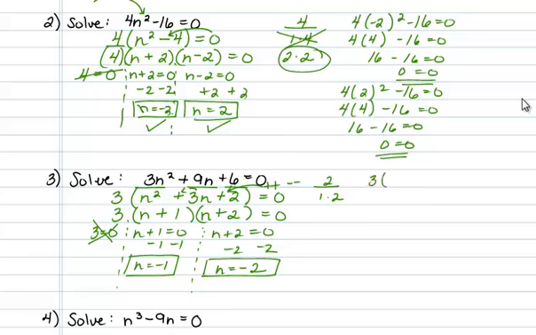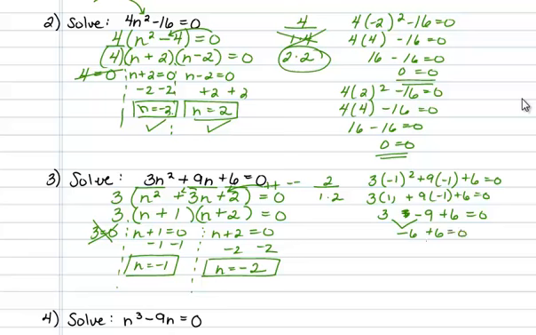Now to check it, there's going to be a little bit of work involved. Always check in the original. -1 squared is plain old 1. 3 times 1 is 3. 9 times -1 is -9 plus 6. 3 minus 9 is -6, plus 6 equals 0.